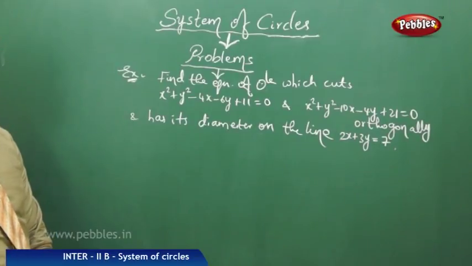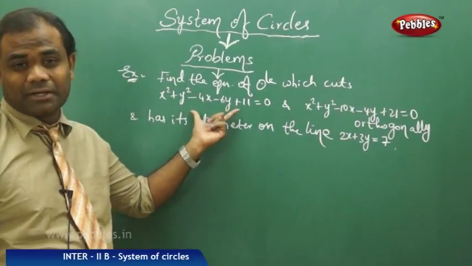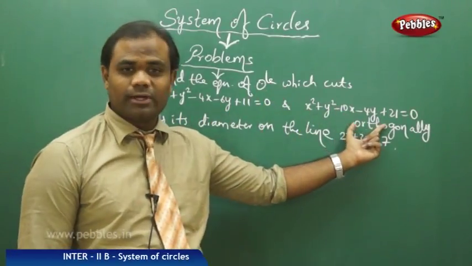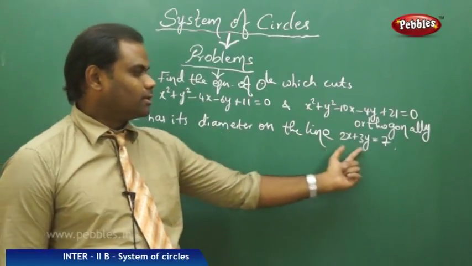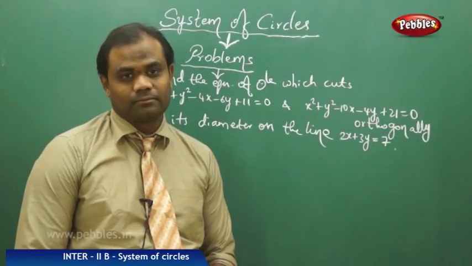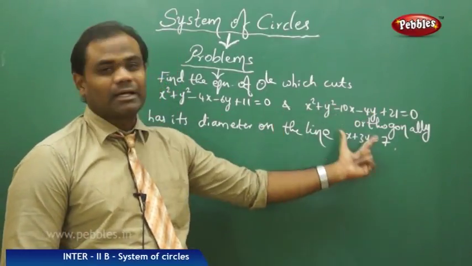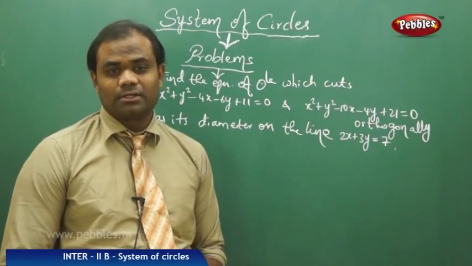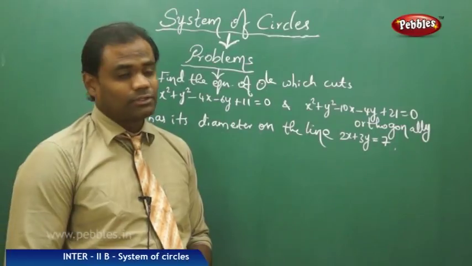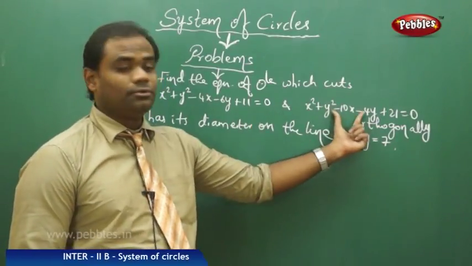So in this case, there are three conditions given: that the circle which I need to find is cutting this circle at 90 degrees, this circle also at 90 degrees, and it is having its diameter on the line 2x plus 3y equal to 7. So using the three conditions of this, this and this, I am going to find the equation of the circle. So let's see how we can find the equation of circle using the three basic conditions 1, 2 and 3.